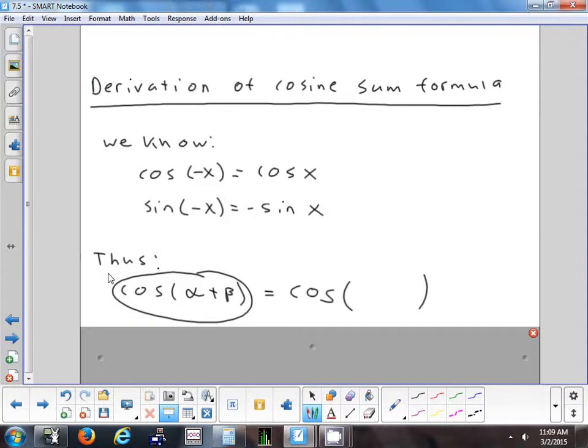So think about what kind of signs you'd have to use. James? Alpha minus negative beta. Yeah, alpha minus negative beta. Look what you just did. Okay, you just made it into a cosine difference. That's the first thing we're going to plug in. That's the second thing we're going to plug in. Let's plug it into the cosine difference and then see what happens.